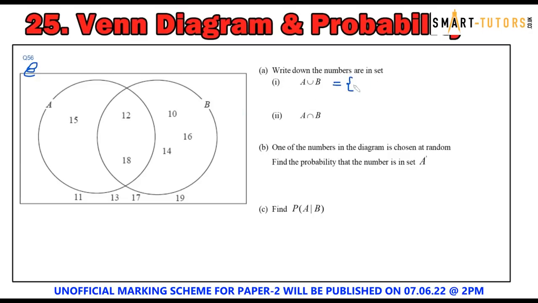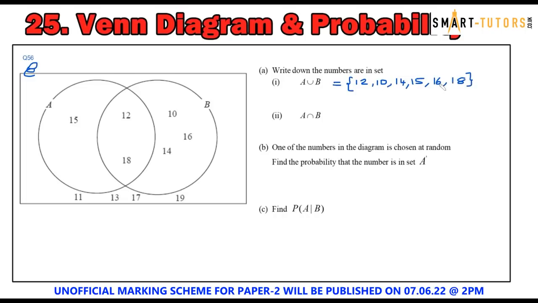Not in any particular order, but I'm going to choose ascending order. 12, before that 10 is there, so it doesn't matter. So 10, 12, 14, 16, 15 and 18.